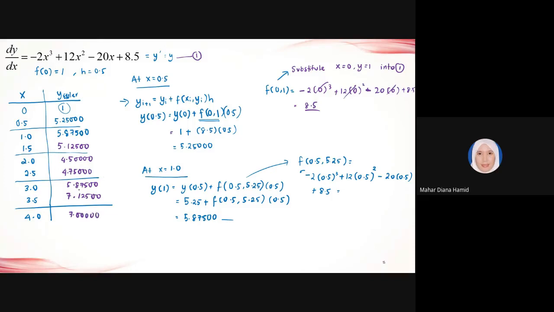So you will get something like this. I presume that you are going to do this after the class at home. As you can see, we actually can calculate the value from x equals 0 until x equals 4.0.